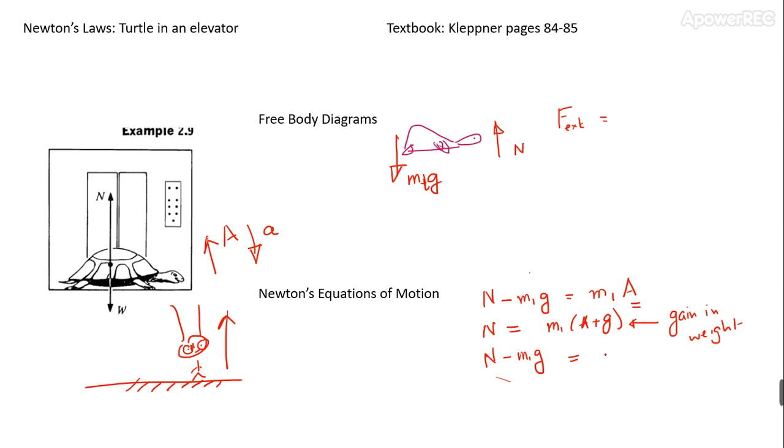But this time the acceleration a will get a negative sign because a is now in the downward direction as per this coordinate system, and therefore now we get N is equal to m1 into (g minus a), and this is called a weight loss.